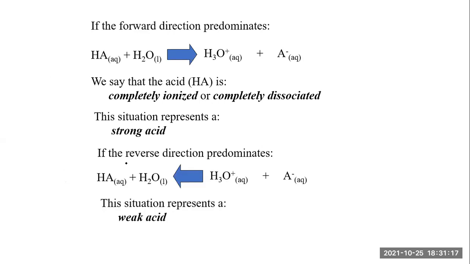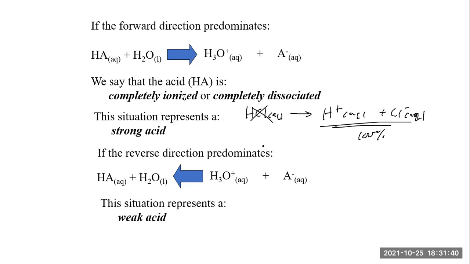And again, I mentioned some of those strong acids earlier, but for something like hydrochloric acid, it is really just a one-way street where it breaks apart into H+ and Cl-. Again, 100% what you've got going on is this guy, none of these guys still there in the solution.